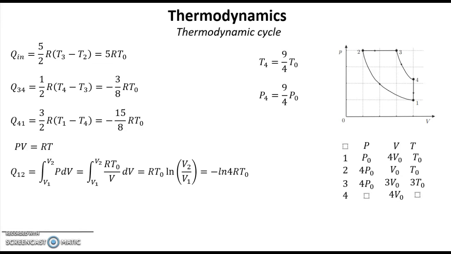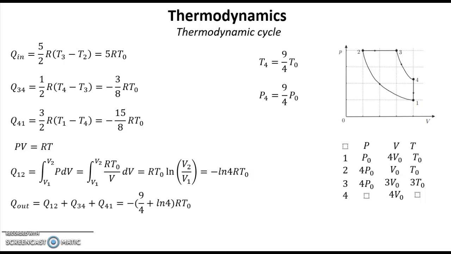That will be the integral from V1 to V2 of P dV, and P we can express from this formula. It will be RT0 over V, which gives us this result for the integral: RT0 logarithm V2 over V1, which is negative ln4 multiplied by RT0.